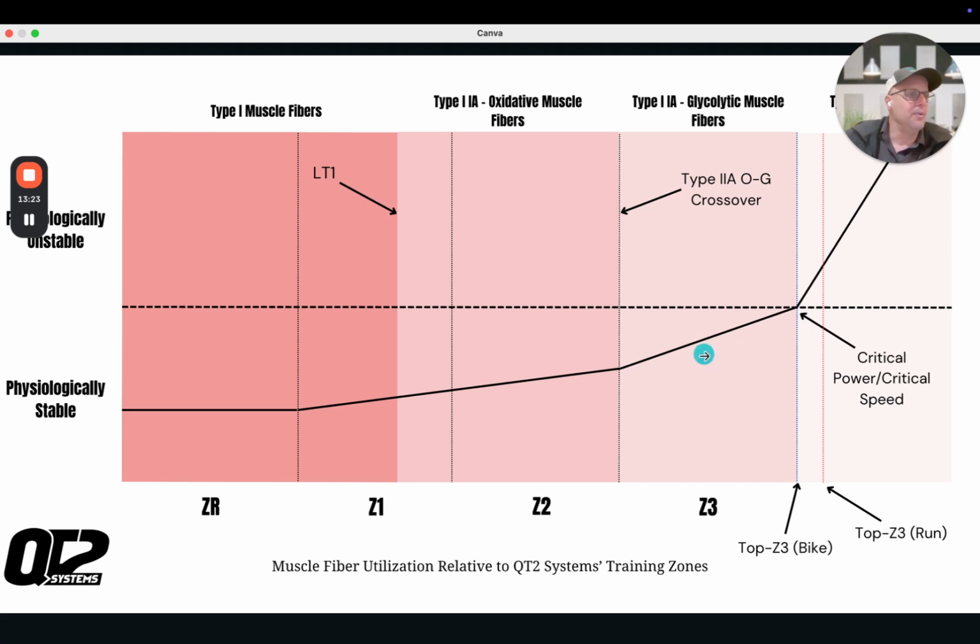And we use the space between 100 and 105% of critical speed on the run very, very sparingly. Okay. And then the space above this critical power or critical speed line is where the physiology becomes unstable, as you can see by the increasing inflection point in the curve.